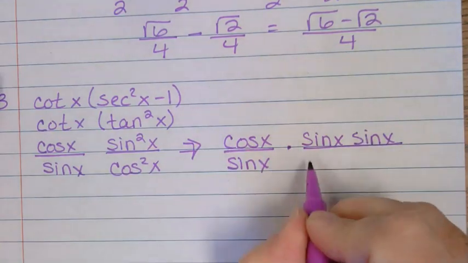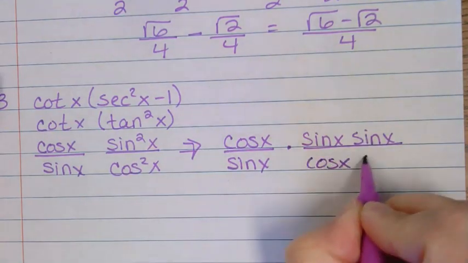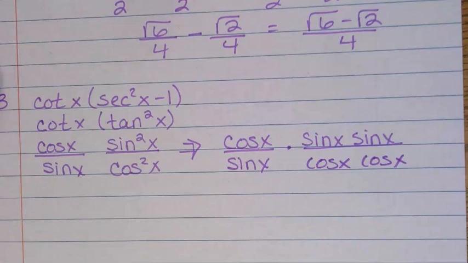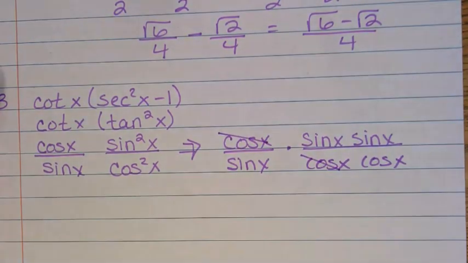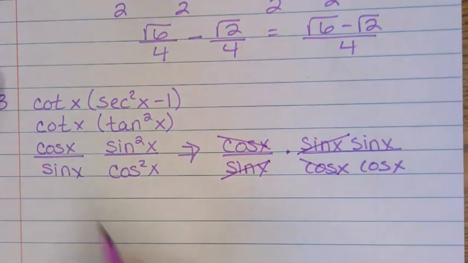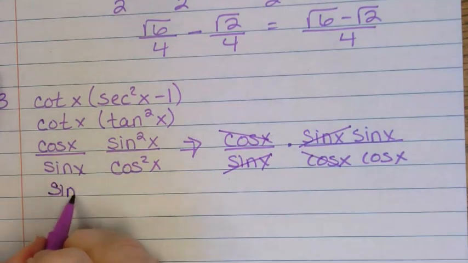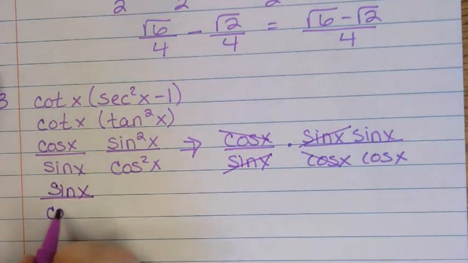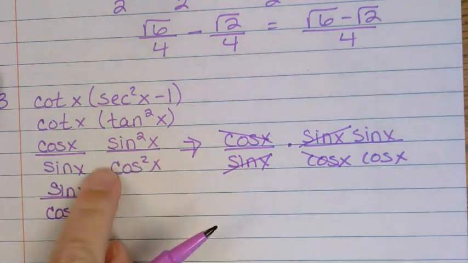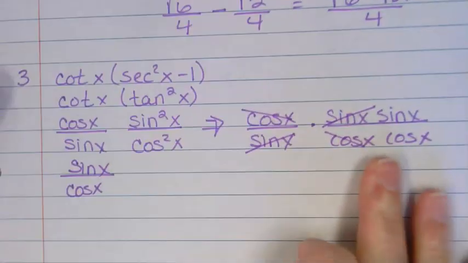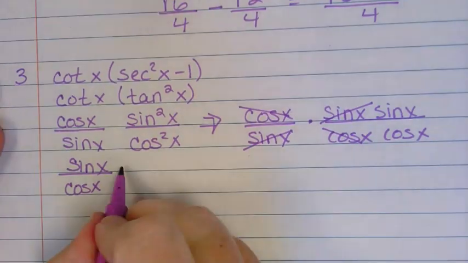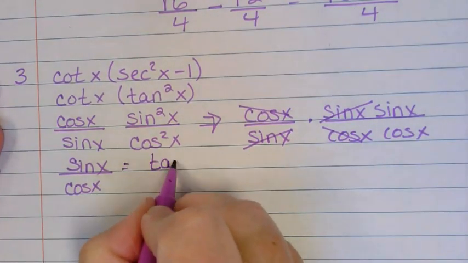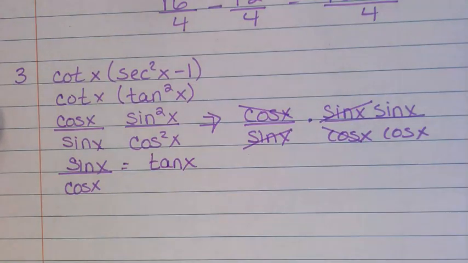And cosine squared is cosine, cosine. So the cosine on top will cancel with one of those on the bottom, and same with the sine. So then I'm left with sine x over cosine x. We could have done the same thing here. Yes, I was just showing you my steps. And then what's better, whole number or fraction? That's right, a fraction. So this is just going to be tangent x.